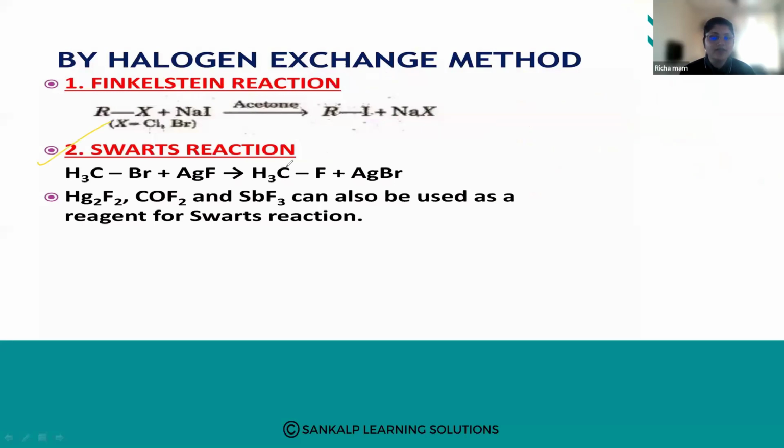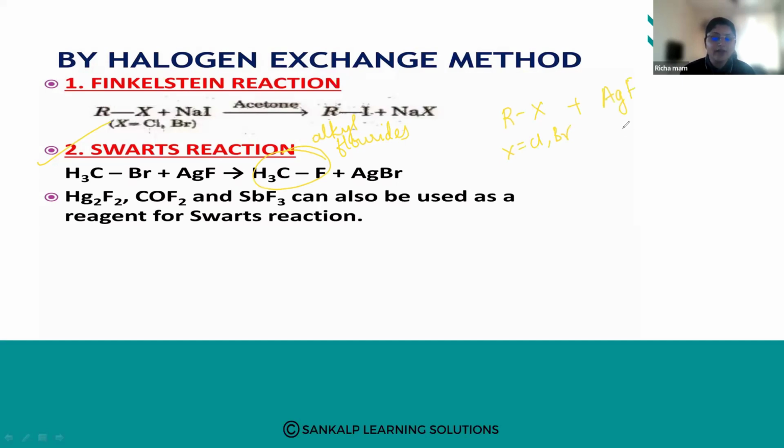Now what is Swarts reaction? In Swarts reaction, you can prepare alkyl fluorides. The starting product can be alkyl chloride or bromide, which is reacted with metallic fluorides.